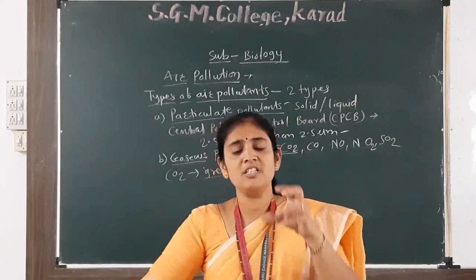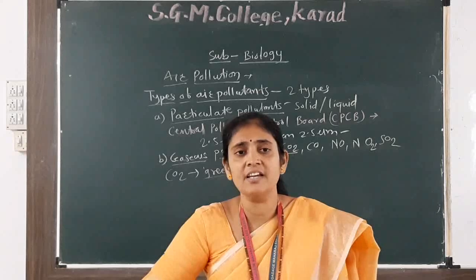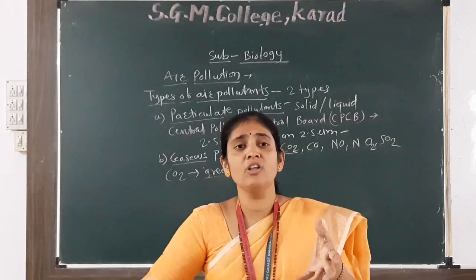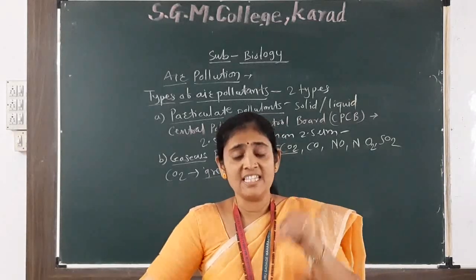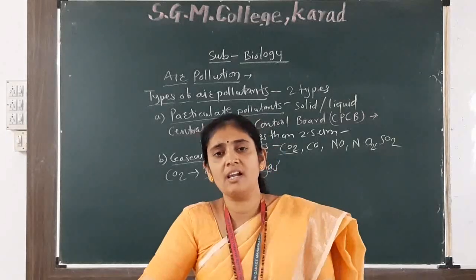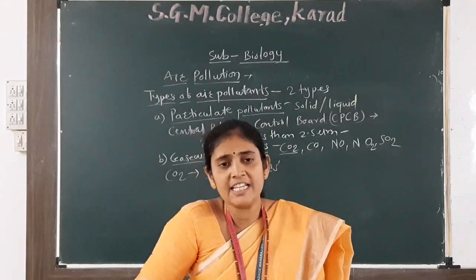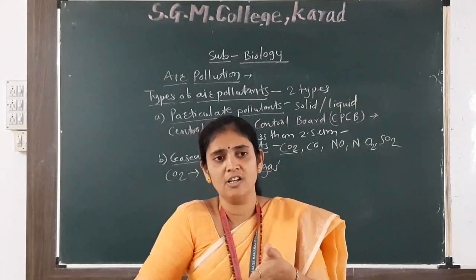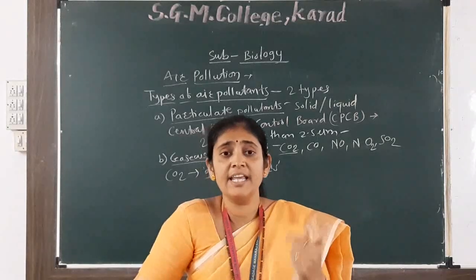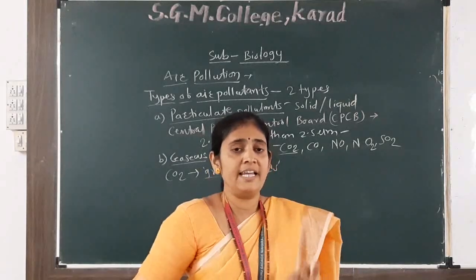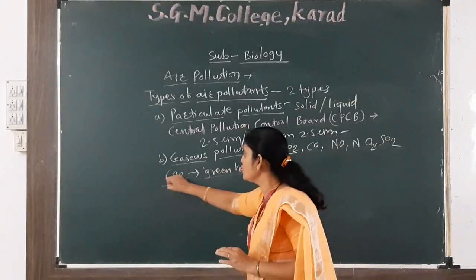Means this CO2 is responsible for increasing the temperature present on the earth. The gases or the chemicals which are responsible for increasing the atmospheric temperature, those gases are called greenhouse gases. One of the greenhouse gases is CO2.